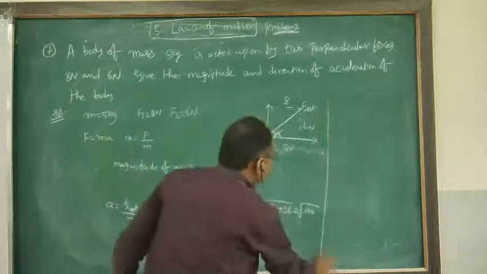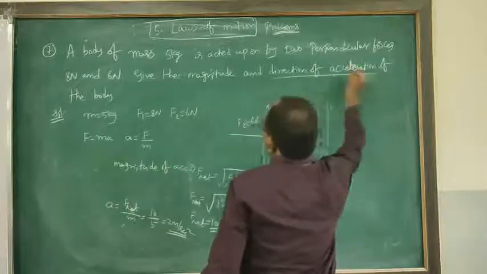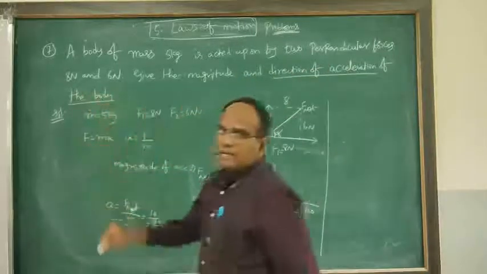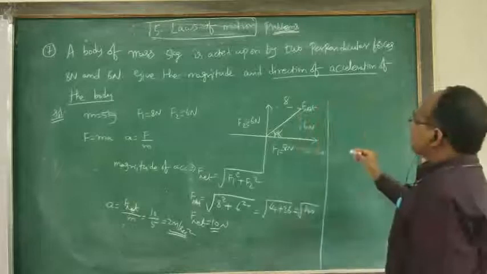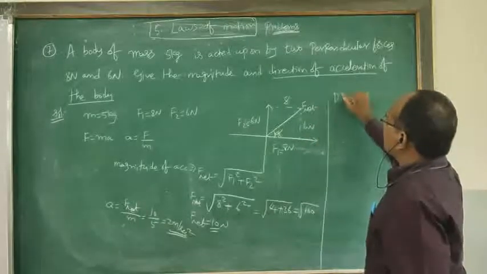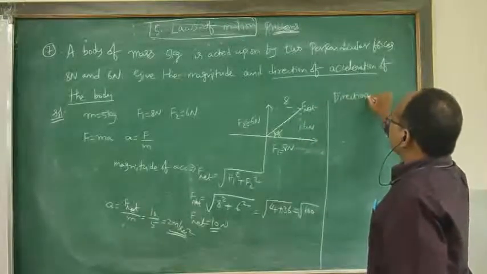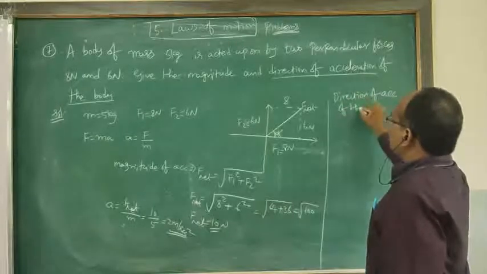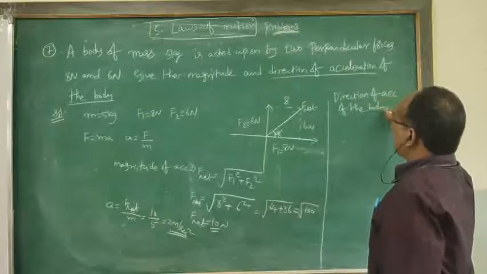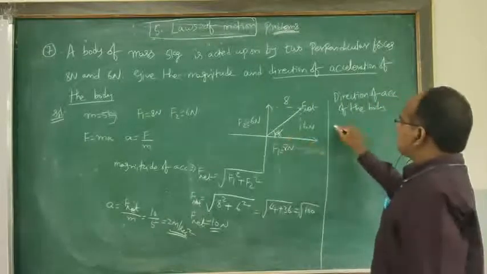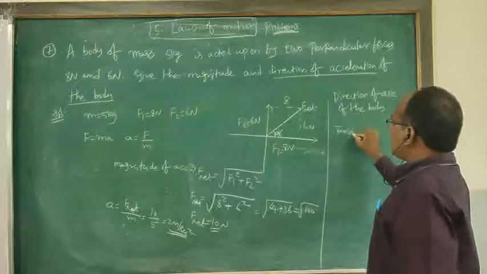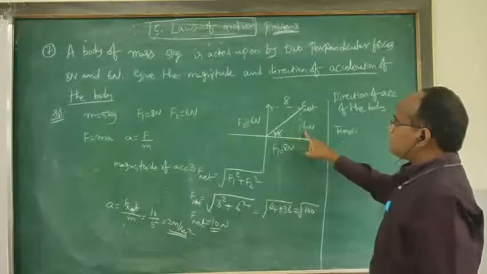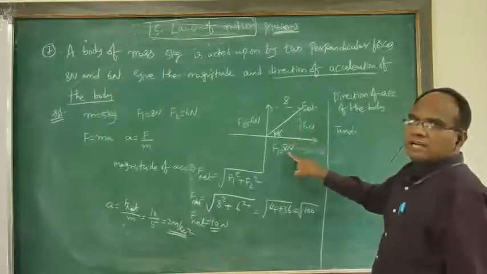Now, in the same way, the direction of acceleration of the body. What should I write? Here there is alpha. Direction of the acceleration means tan alpha is equal to opposite side by adjacent side.